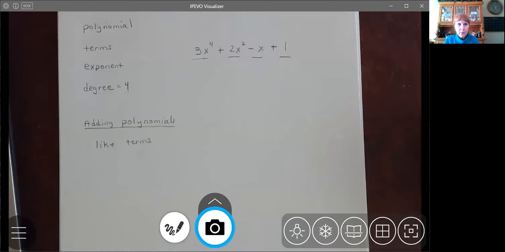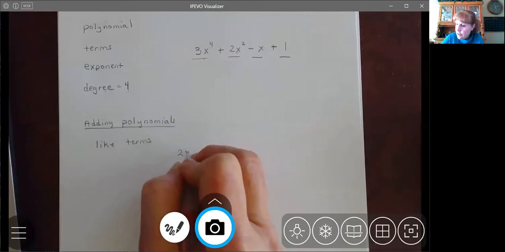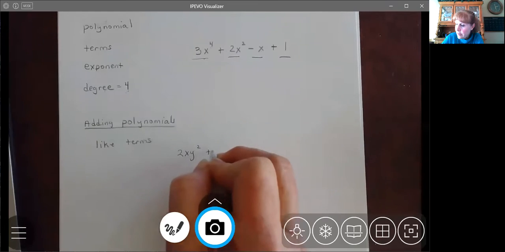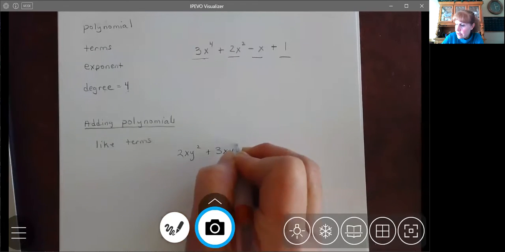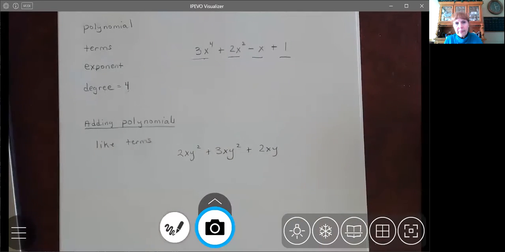All right, okay. And in this section, we're going to be adding polynomials. So we've done this before. We're going to be looking at like terms. Like terms are when the variables match exactly. Example, if I have 2xy squared plus 3xy squared plus 2xy.